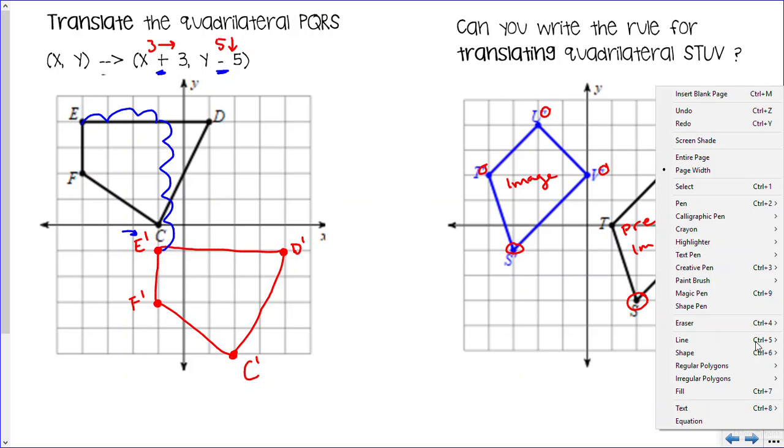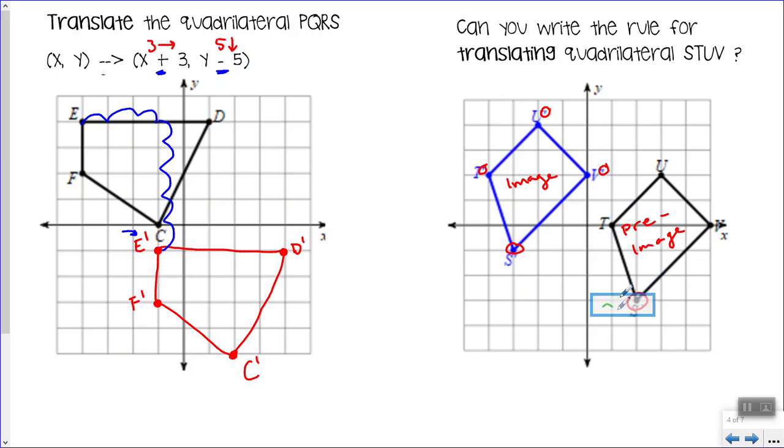So if we look, we can see that to get from S to S prime, first we moved up 1, 2 units. So that's a vertical translation of +2. And then we move left 1, 2, 3, 4, 5. So that's a horizontal translation of -5 because we went to the left.